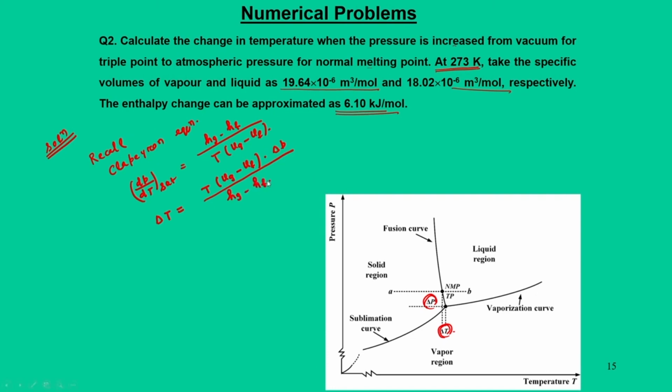Now the data that is given is at 273 Kelvin T. That means the phase change occurs at 273 Kelvin.